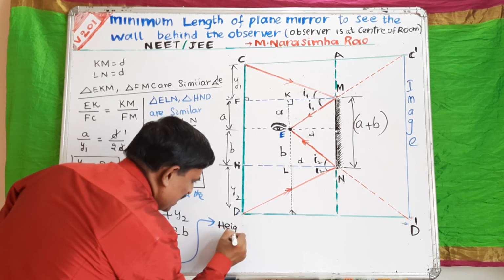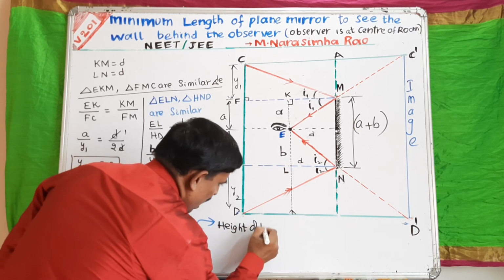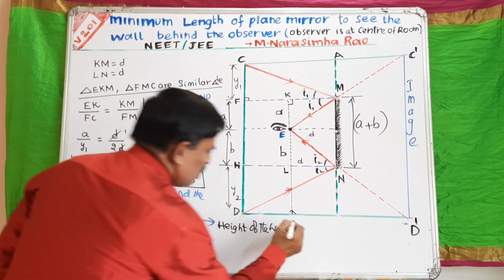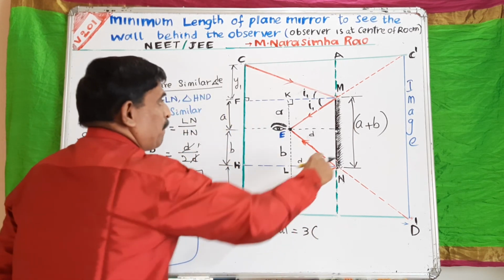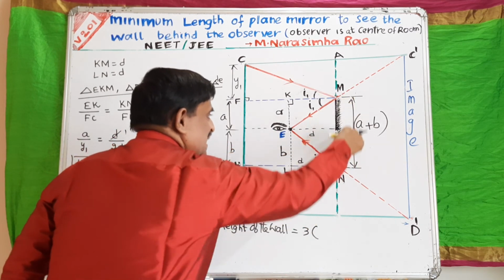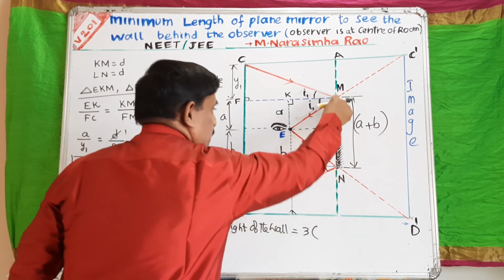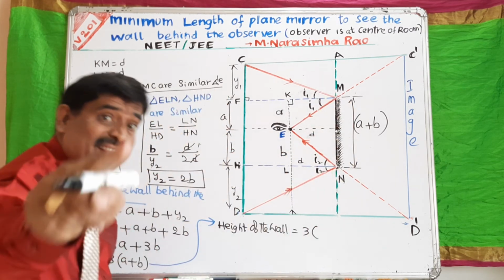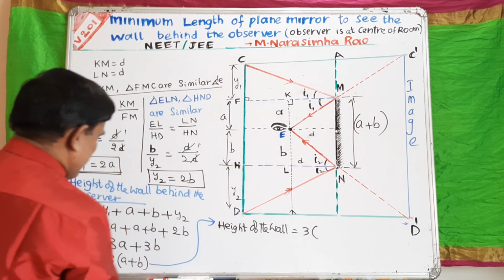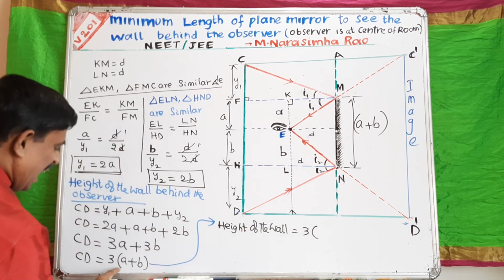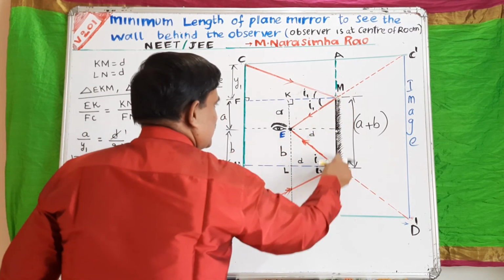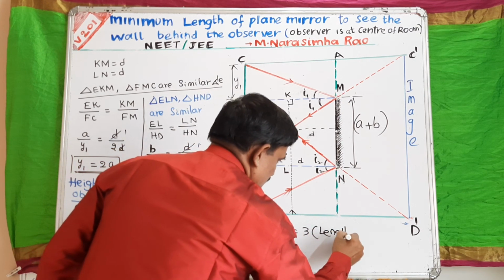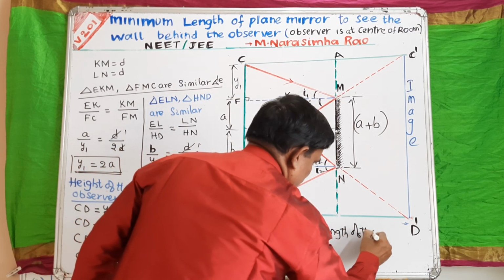Height of the wall is equal to 3 into (a plus b). a plus b is nothing but MN, the length of the mirror.